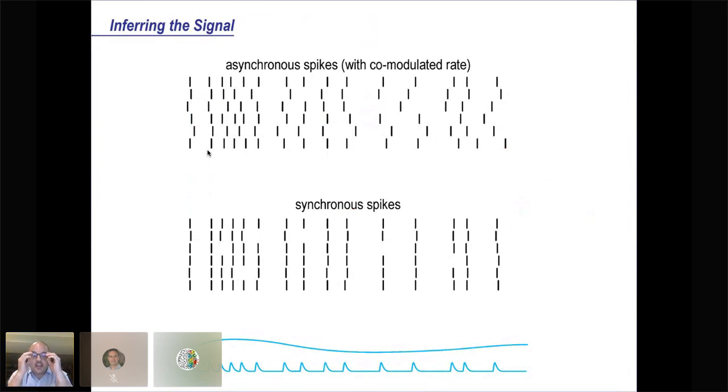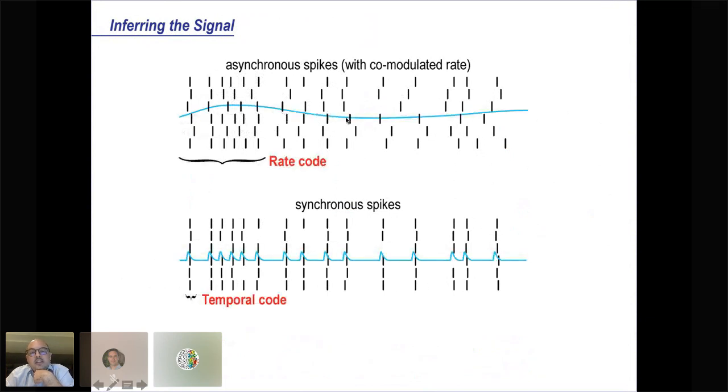If you understand some of these relationships, and I were to ask you again, okay, you have recordings from a set of neurons, and the rate tends to co-vary across those neurons, but the spike timing isn't very precise. The spikes aren't occurring synchronously. Then you might reasonably say, well, yes, this pattern of spiking across a set of neurons most likely was generated by some sort of slow signal, and it would be appropriate to then characterize that spiking using a relatively broad time window and try to look at it from a rate coding perspective.